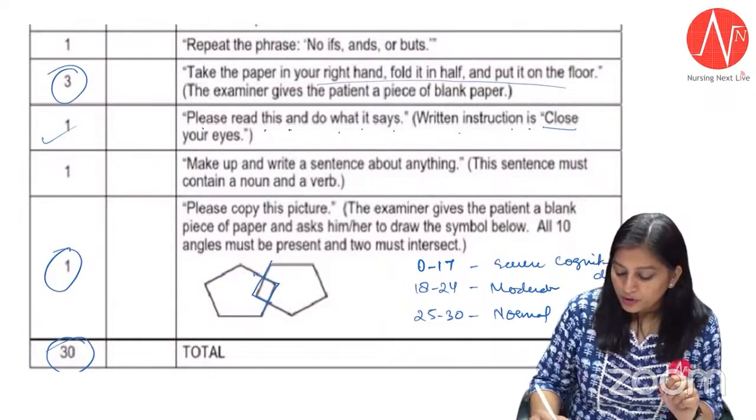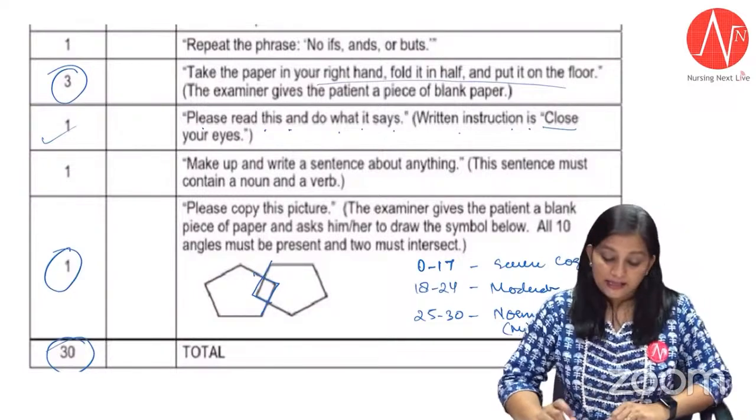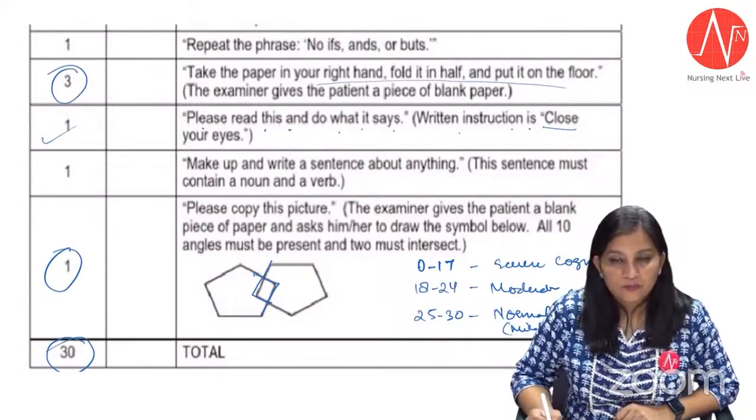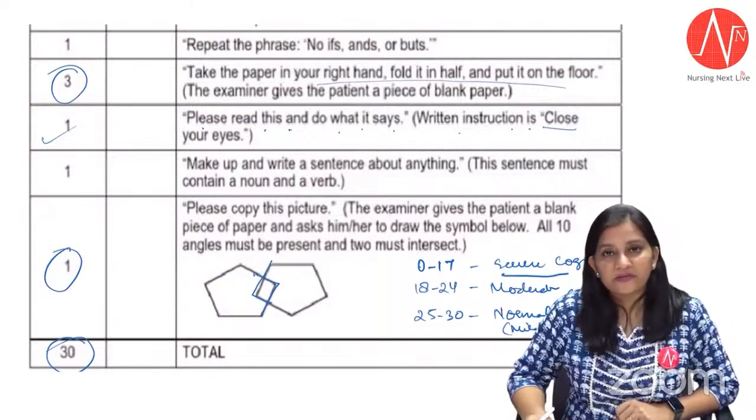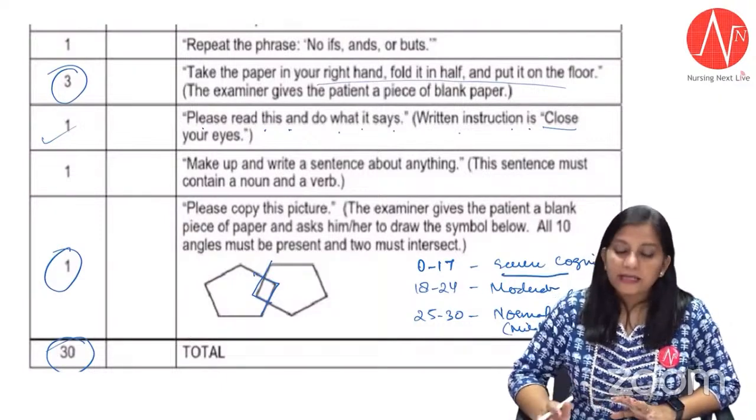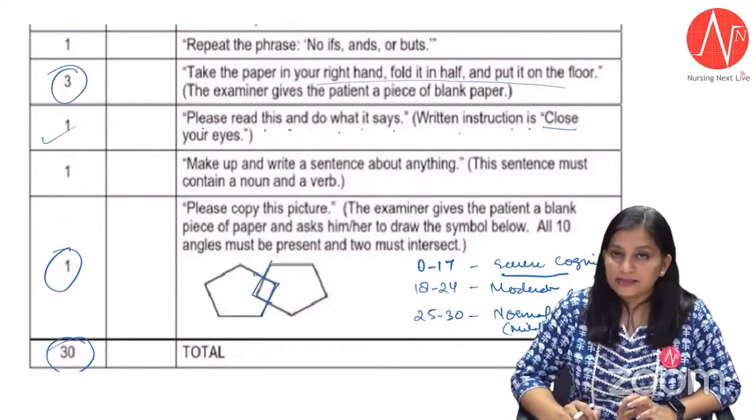So, normal or maybe mild. If the patient's score is 25 to 30, then it is mild. If it is 18 to 24, then it is moderate cognitive decline. And if it is 0 to 17, then it is severe cognitive decline. So this is the interpretation of the mini mental status examination.